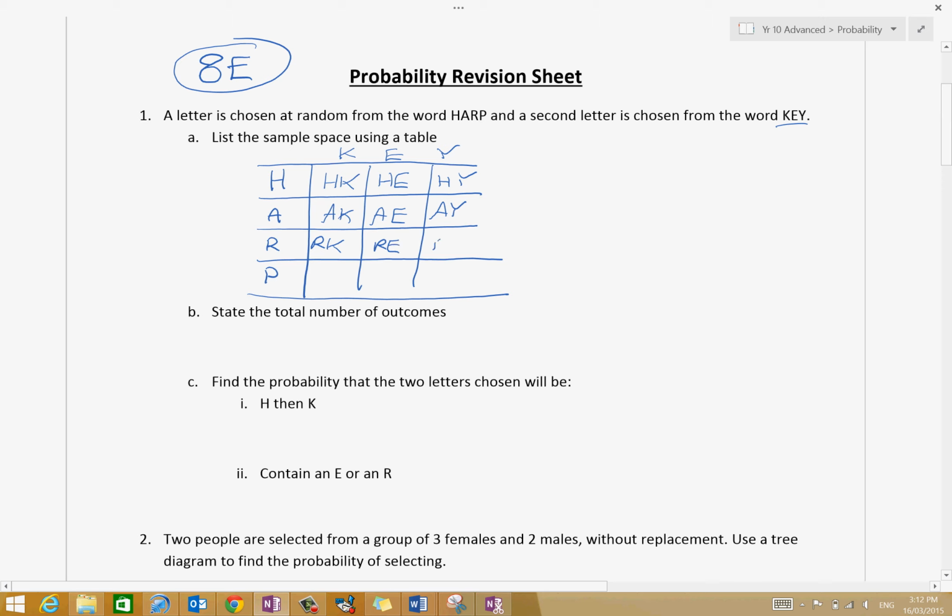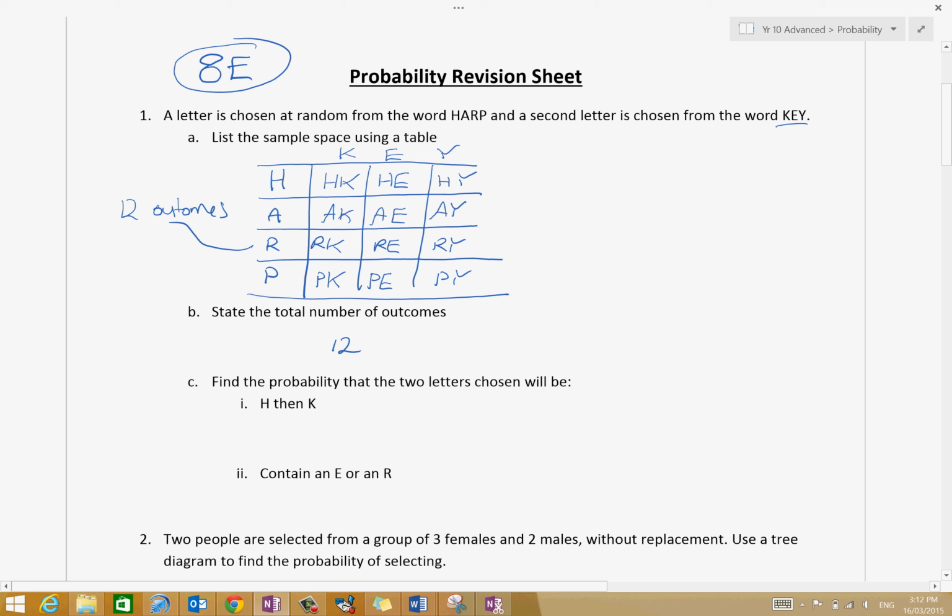Really, this is just basic probability, but remember that we've got a total of 12 outcomes. So over here we have 12 outcomes. Now it says state the total number of outcomes. Well, we've got 12 outcomes, which is a 4 by 3 table.